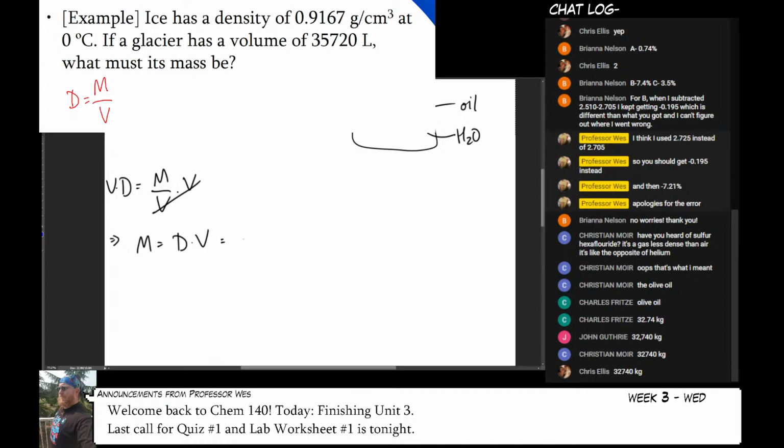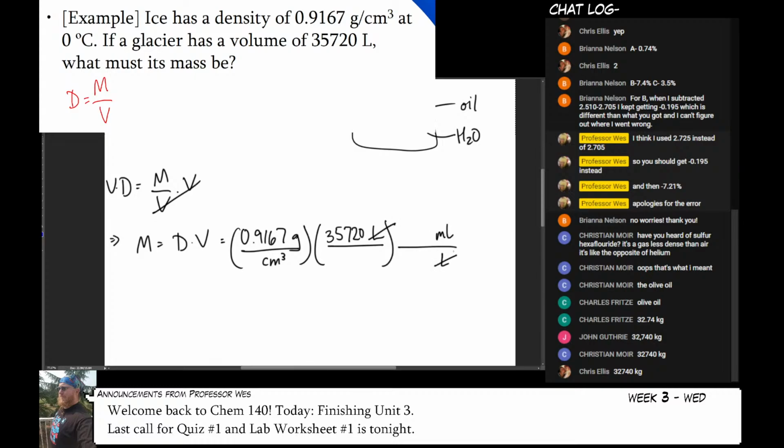Well, if this is my density, and then this is my volume, those obviously don't cancel, right? But what I can do is say, well, there are some number of liters in a milliliter, right?